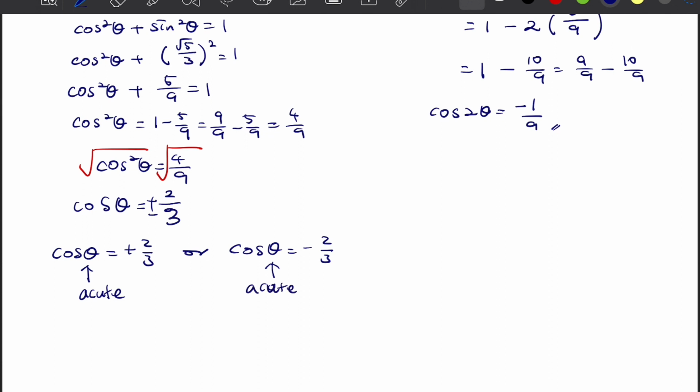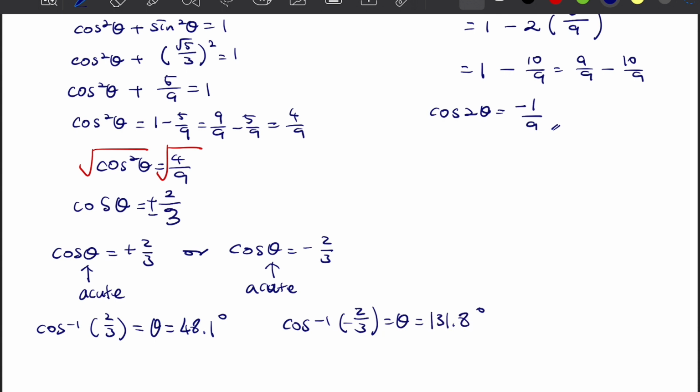So using the inverse cosine, we can find that the angle when we have 2 over 3 as the cosine theta value is equal to 48.1 degrees. However, when you have a cosine theta value equal to negative 2 over 3, inverse cos of negative 2 over 3 gives approximately 131.8 degrees, right?